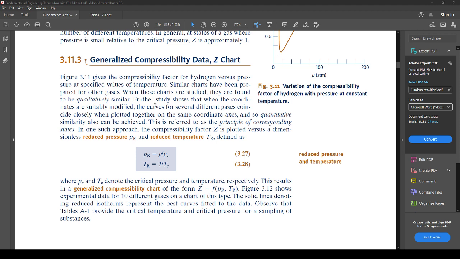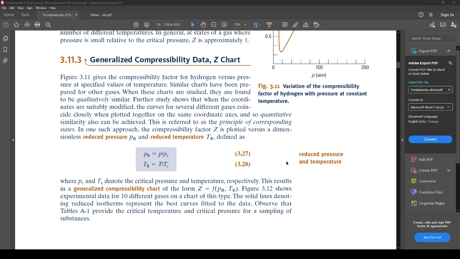Further studies show that when coordinates are suitably modified, the curves for several different gases coincide closely when plotted together on the same coordinate axis, and so quantitative similarity can also be achieved. This is referred to as the principle of corresponding states. In one such approach, the compressibility factor Z is plotted versus a dimensionless reduced pressure and reduced temperature, and these are PR and TR respectively, okay? And they show that in the next equation.